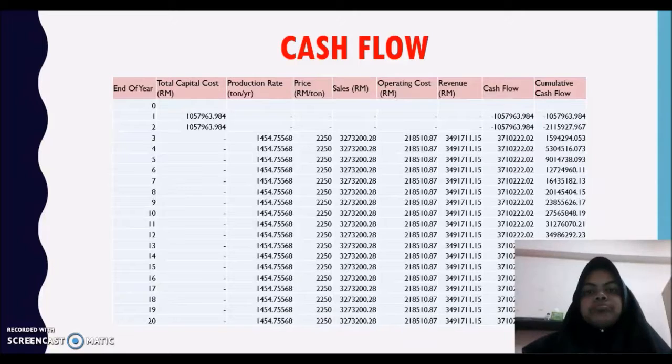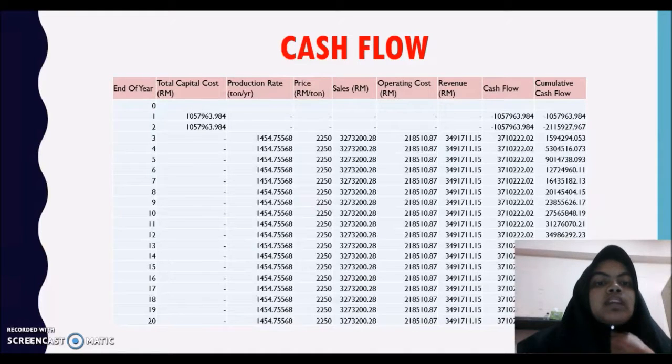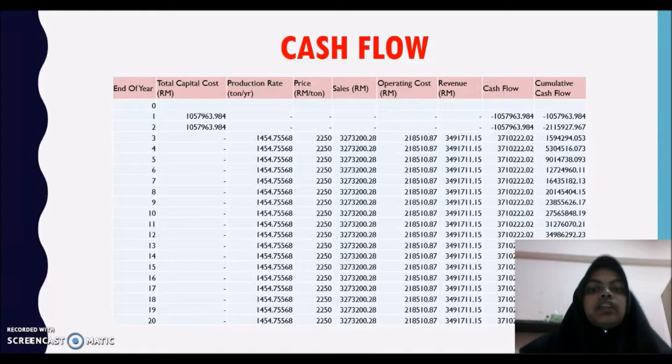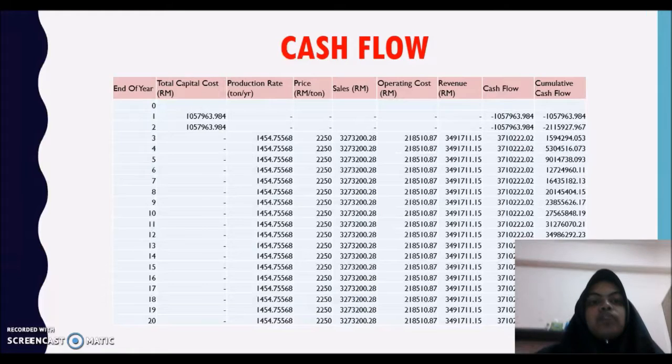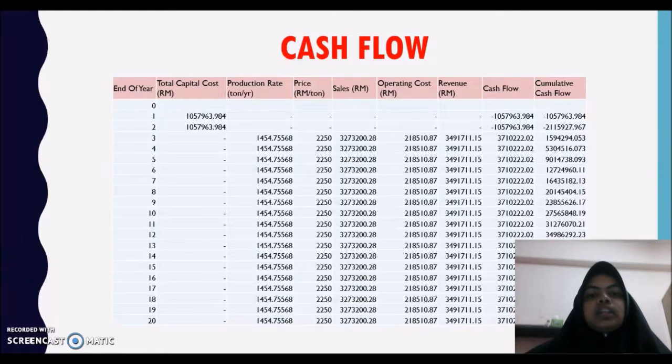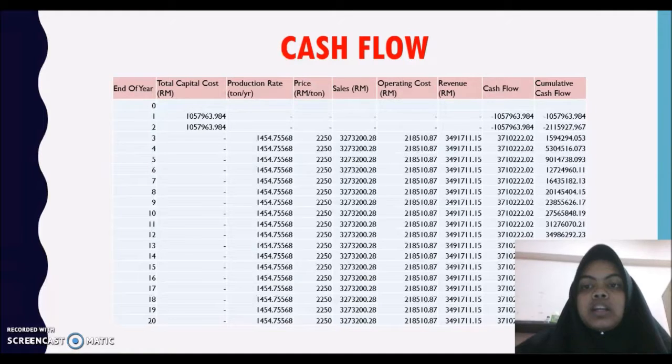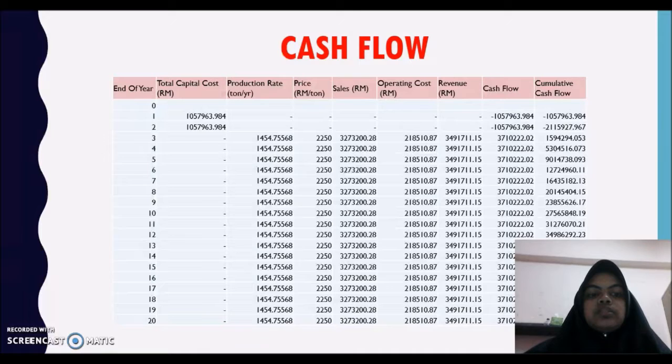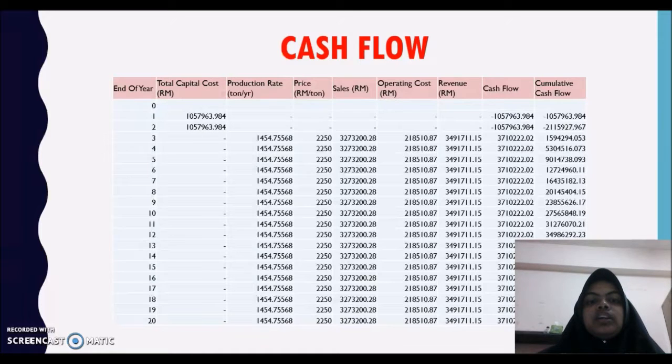And then for our cash flow, we are able to determine the value of our cash flow from year 1 until year 20. From year 1 until the second year, we got negative values as we are very new in business entrepreneurship.